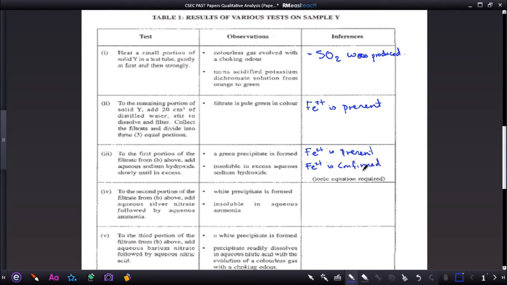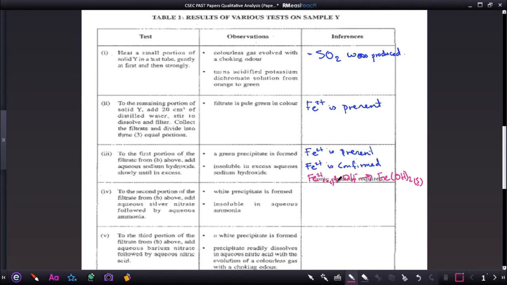And so they want you to write the ionic equation for the reaction, and that is the Fe2+ aqueous plus the hydroxide ion to give iron hydroxide, which is a solid in this case.